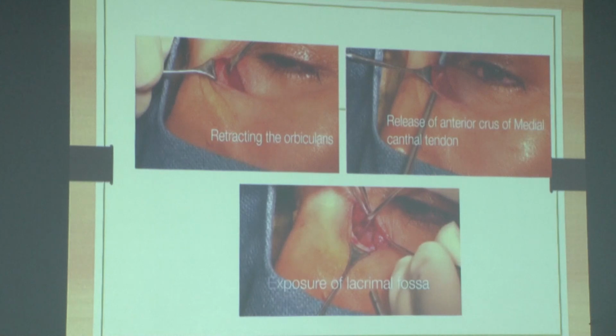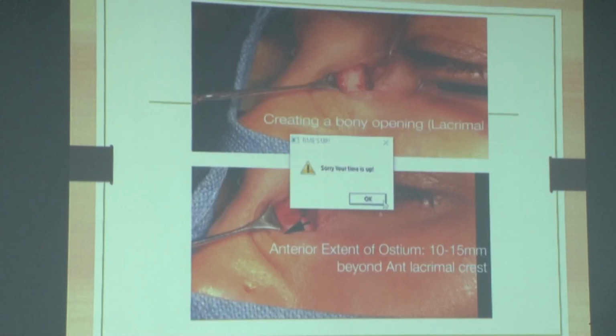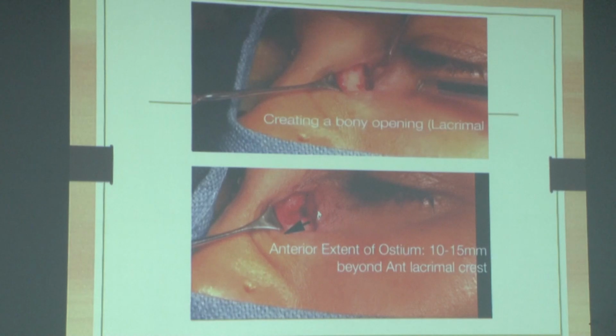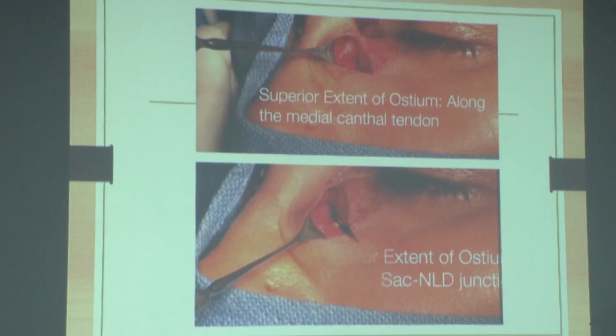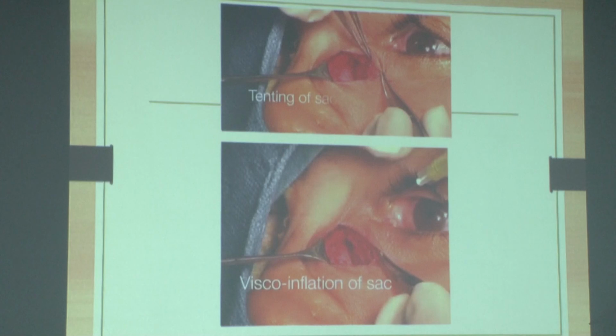After retracting this, the lacrimal fossa is exposed. The lacrimal bone, which is thinner, is punctured, and then the opening is extended anteriorly, superiorly up to the ligament, and then inferiorly to the nasolacrimal duct junction. That is most important, otherwise this may fail. It comes to around one finger's breadth that can be put into the hole.